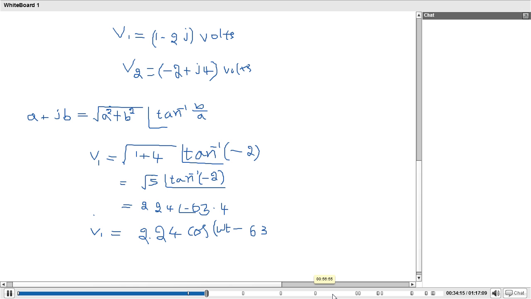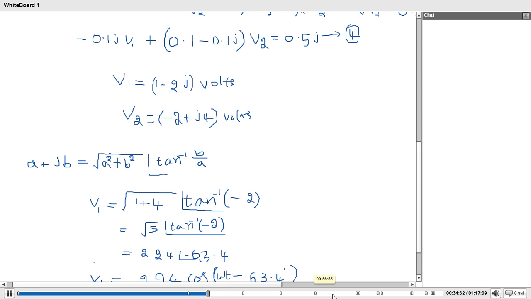Here 63.4 degrees is nothing but the phase shift. We can write it in this way also.